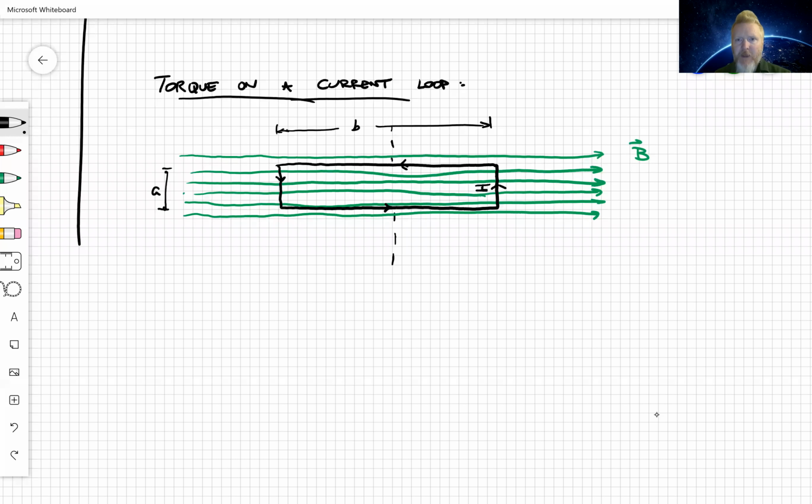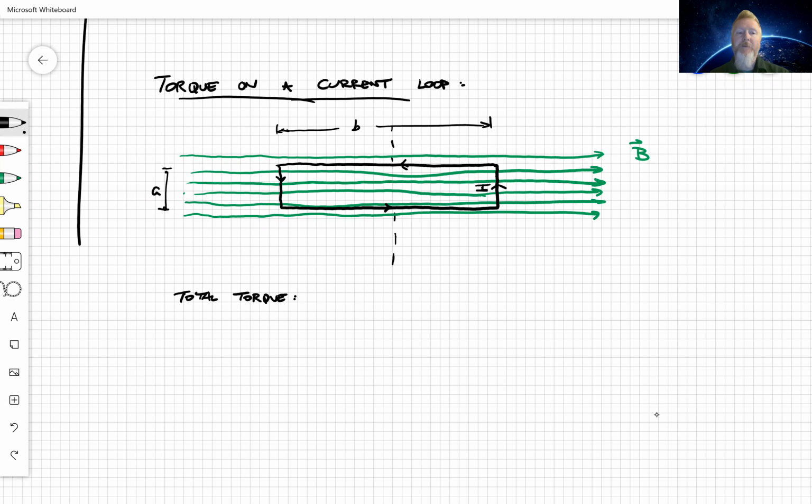All right, so let's evaluate the torque that we've got on our current loop here. The torque on the current loop depends on the forces that are being felt. So let's figure out what the forces are.